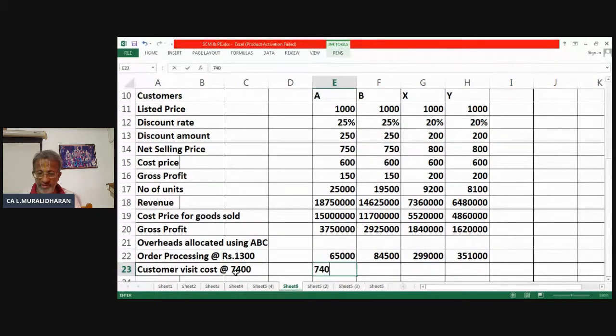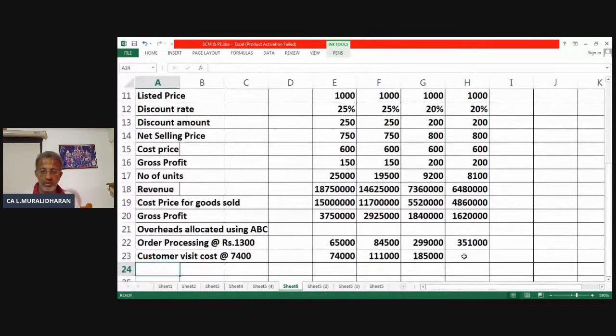So 7,400 into 10. 7,400 into 15. 25 into 7,400. Next, 22 into 7,400.